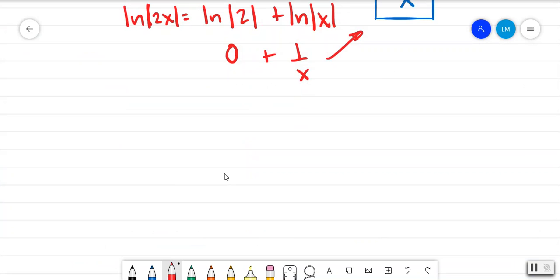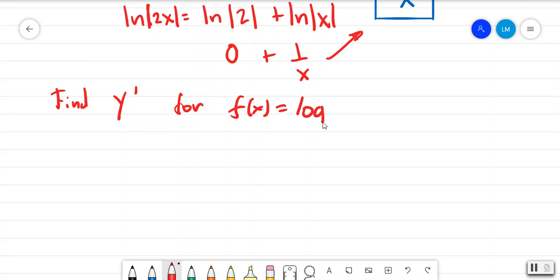let's say that we go ahead and try to find the derivative for f of x equals log base 3. Actually, let's just change this up a little.